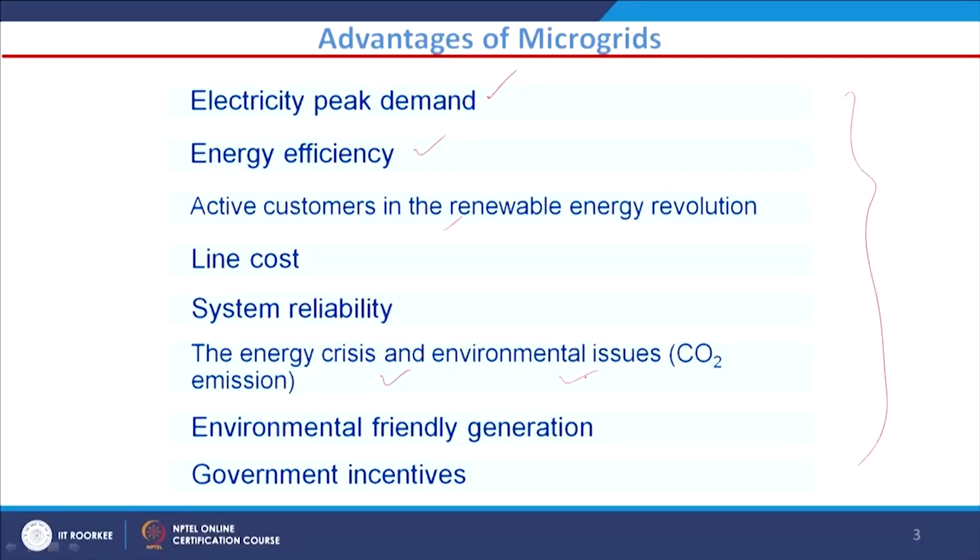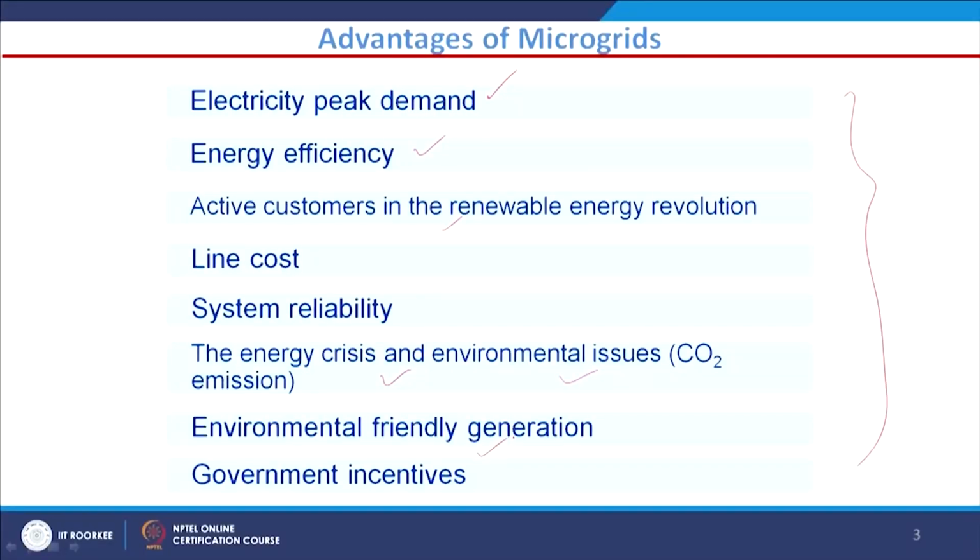These are the points why we are interested in renewables or the smart grid system. It is very important because of the energy crisis and environmental issues like carbon dioxide emission, as our energy consumption comes mostly, about 60%, from coal based generation systems.